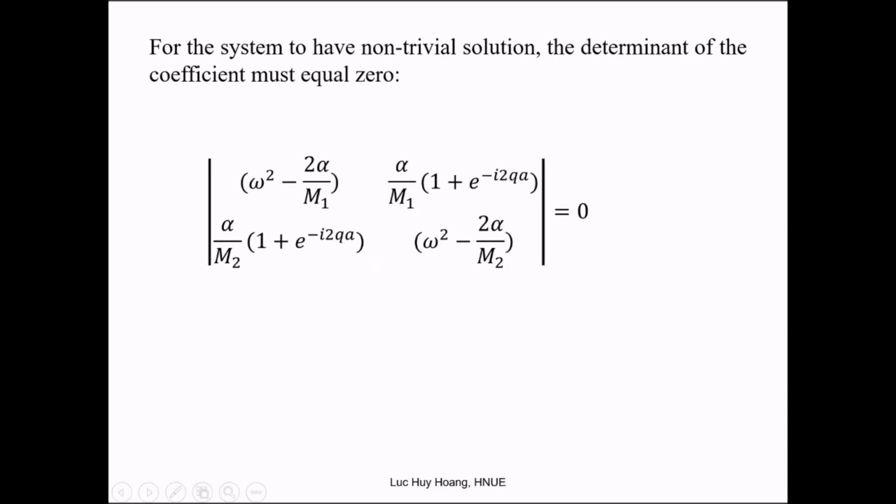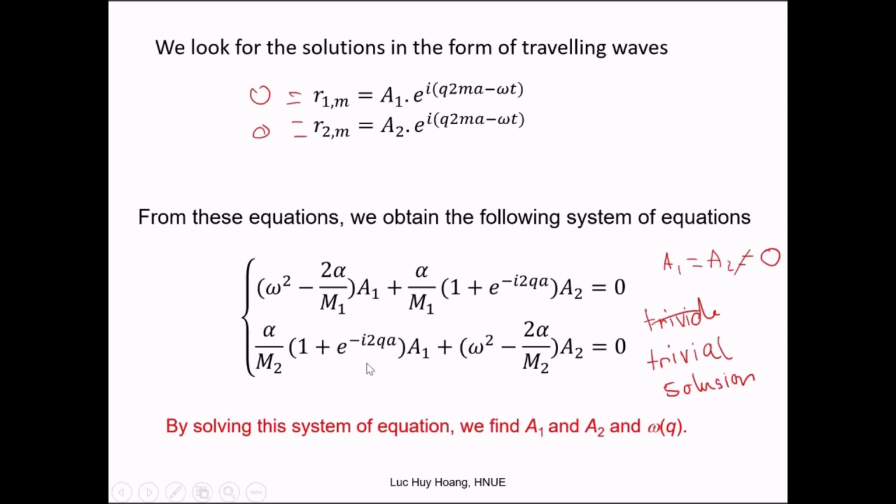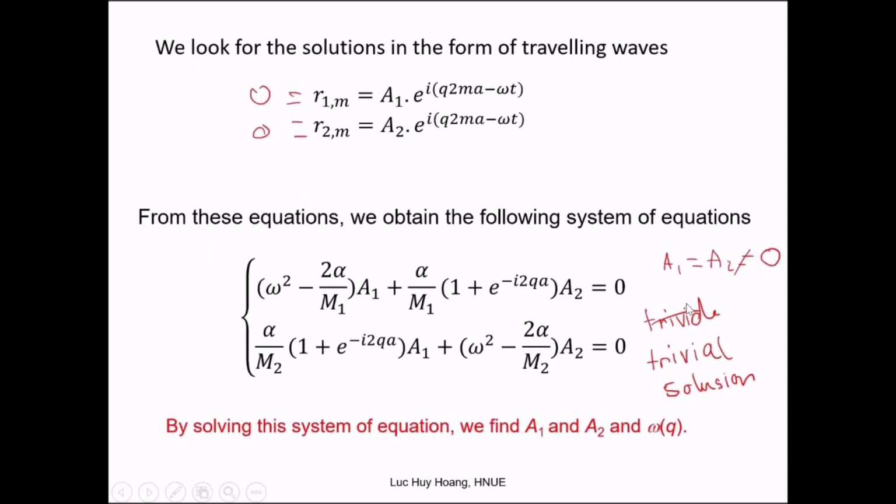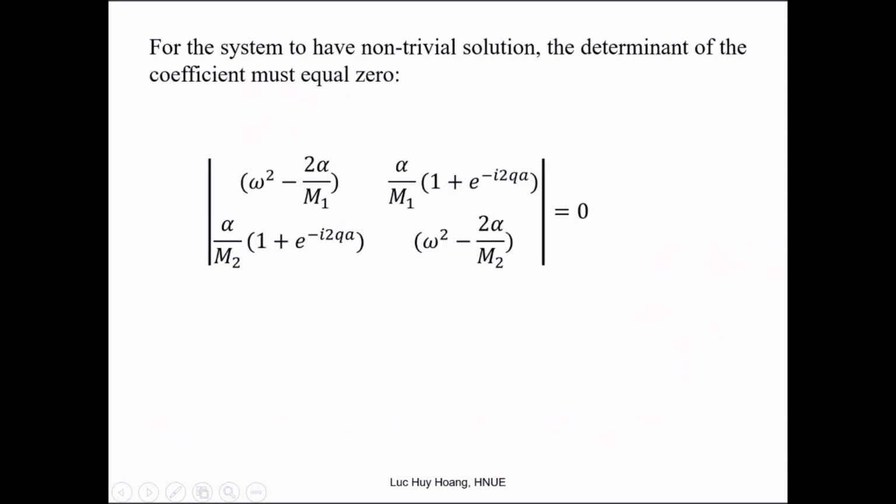To get a non-trivial solution, the coefficients multiplying A1 and A2 should form a determinant, and this determinant should be equal to 0, in order to avoid A1 equal A2 equal 0.